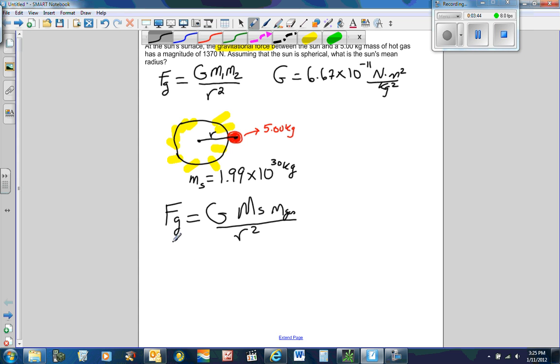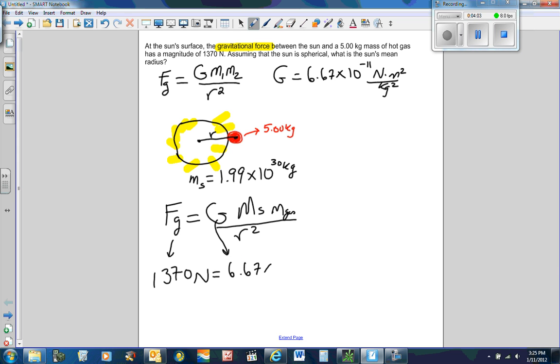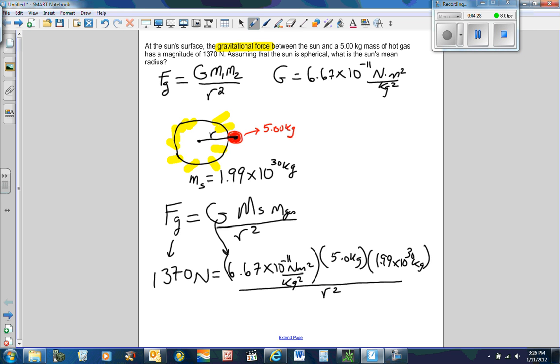I'm looking for r squared, so I'm going to put my numbers in now. 1370 newtons equals 6.67 times 10 to the negative 11th newtons meters squared per kilogram squared times 5 kilograms times 1.99 times 10 to the 30th kilograms all over r squared.